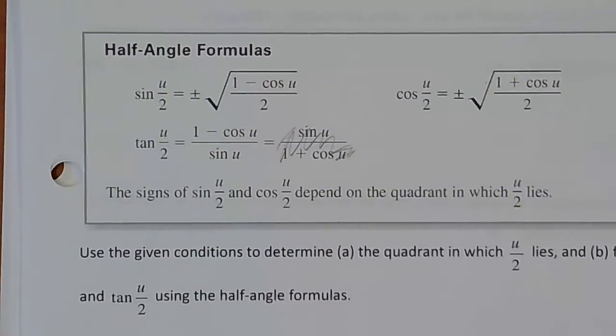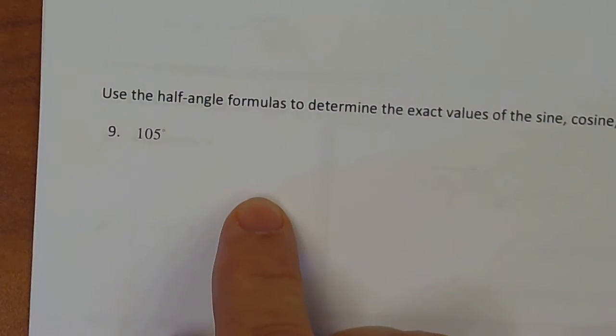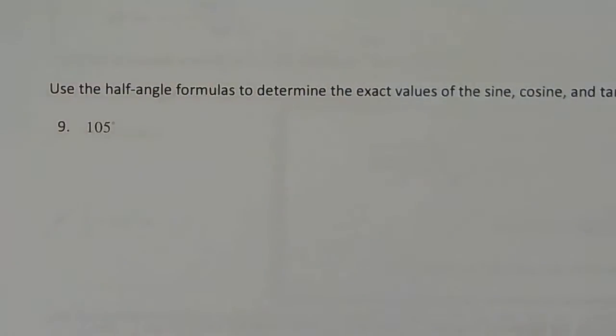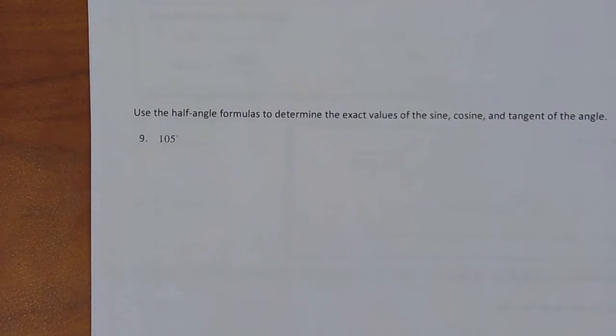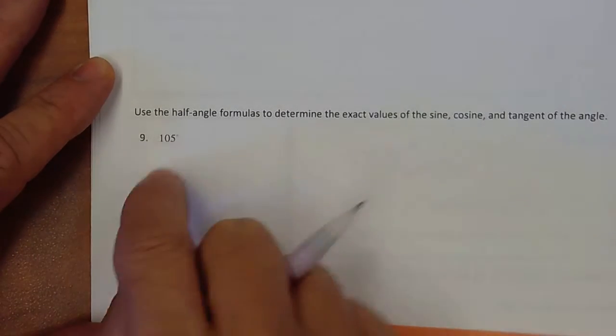All right, next we want to start with the one that has a number. So 7 and 8 we're going to save for Monday. Let's jump to number 9. Use half angle formulas to determine the exact values for sine, cosine, and tangent of that angle. All right, so remember for sum and difference formulas in section 5.4, we had problems like this and we had to re-express it.